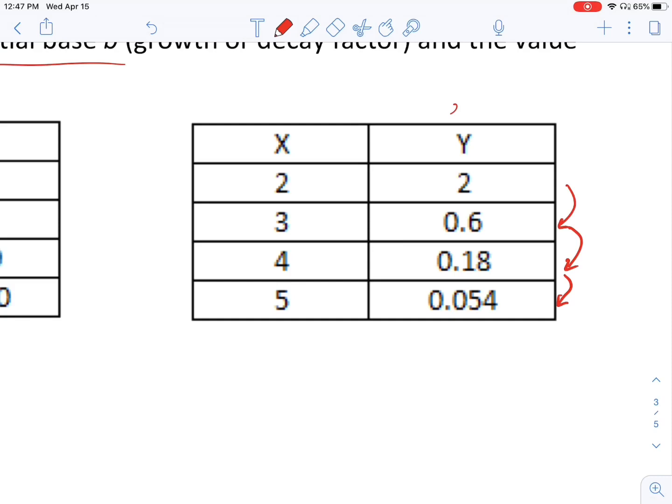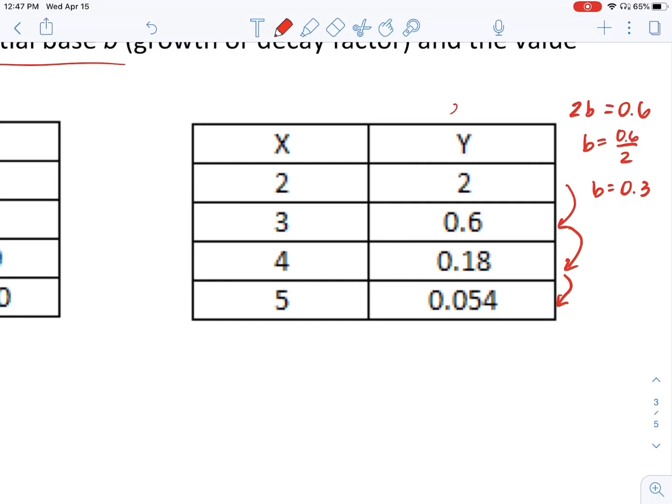How do I figure out what to multiply 2 by to get 0.6? I can think of that as taking the ratio of 0.6 and 2, that 2 times some number is equal to 0.6. Therefore, that number has to be 0.6 divided by 2, or 0.3.